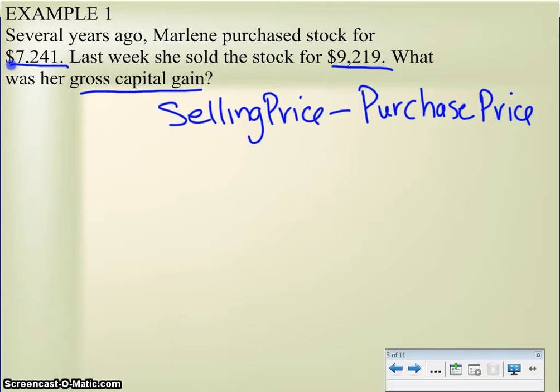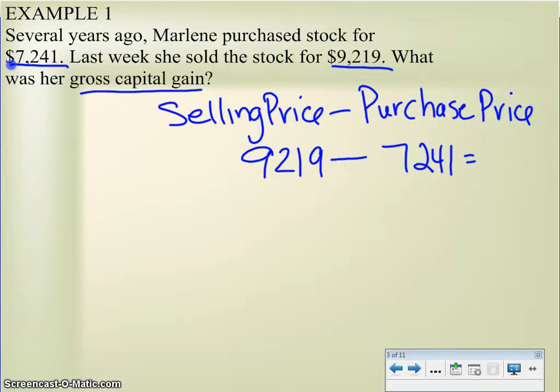She purchased them for $72.41. She sold them for $92.19. And so her capital gross gain is the difference, which is $1,978.